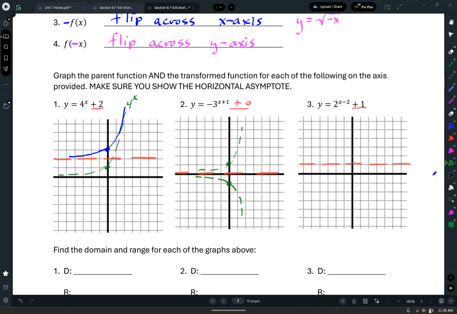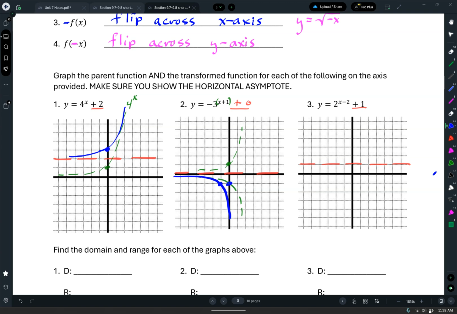And now what does that plus 1 do? Since it's up in the exponent, there's like this implied parenthesis. That means I'm going to move it to the left 1 unit. So that point that was right here on the y-axis, I'm going to move left 1. So it's that same basic shape, but it goes through that point.